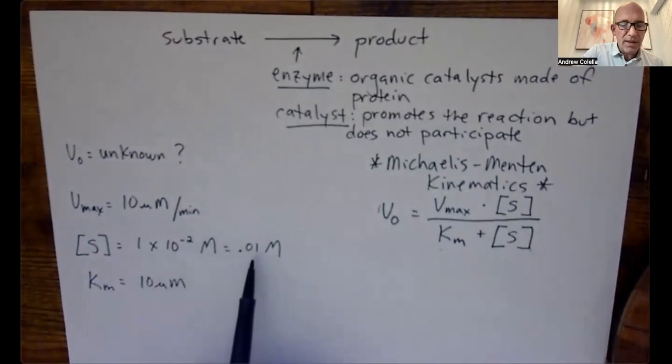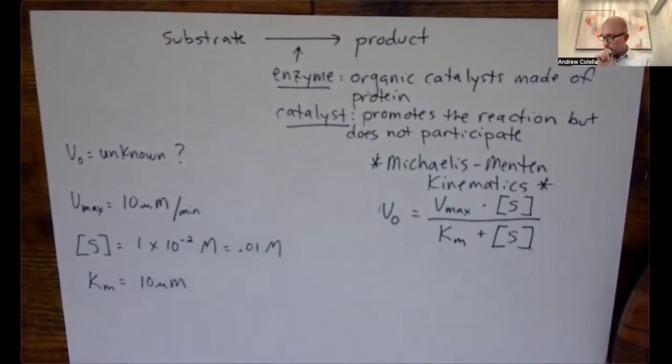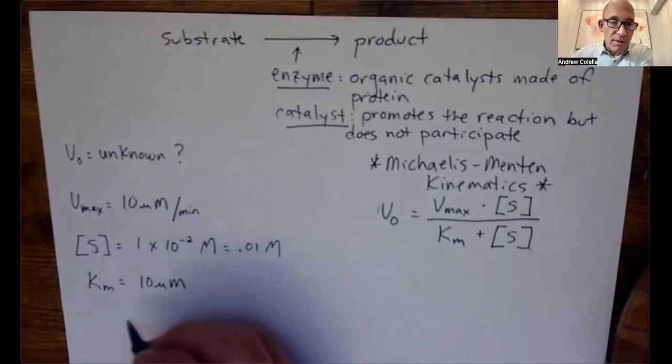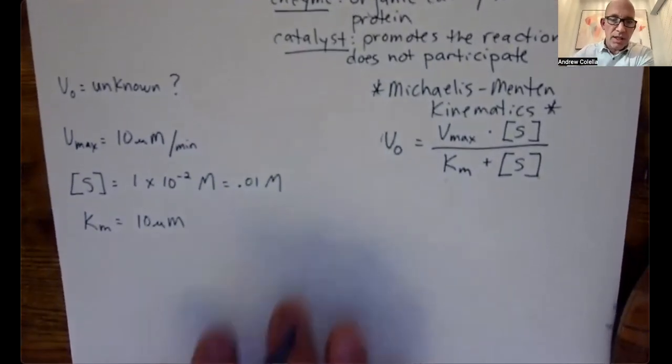If not, there'll be another video we could probably reference you to help with scientific notation. But then I'm just going to go through a process of factor labeling, you might know it, or you might hear it as dimensional analysis. We're going to take that 0.01 molar and use what we know to convert it to micromoles. So I'm going to do that right down here. I'm going to scooch my paper up just a touch.